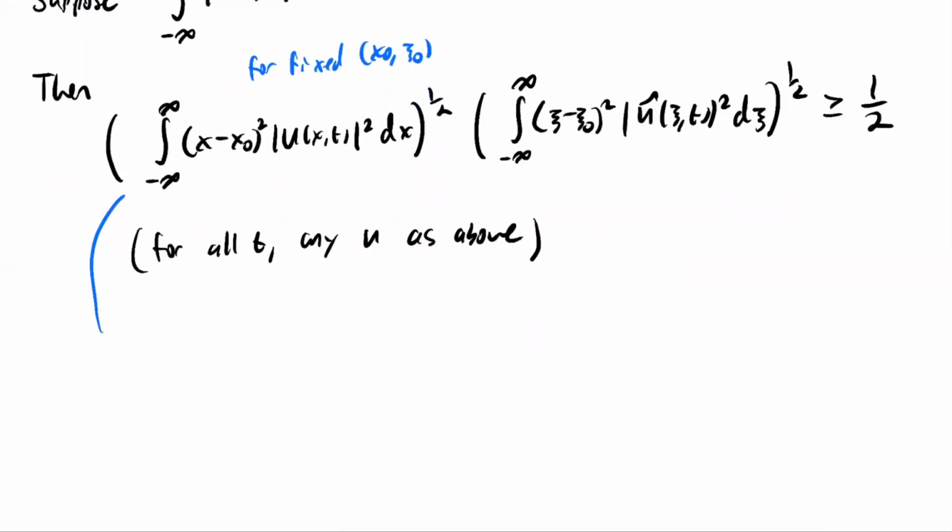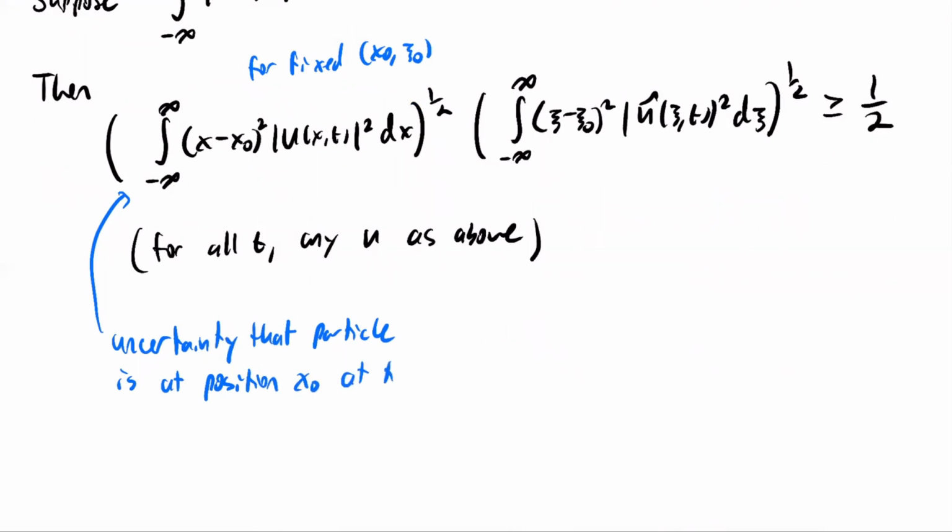And so the left term here measures the uncertainty that your particle is at position x naught at time t.